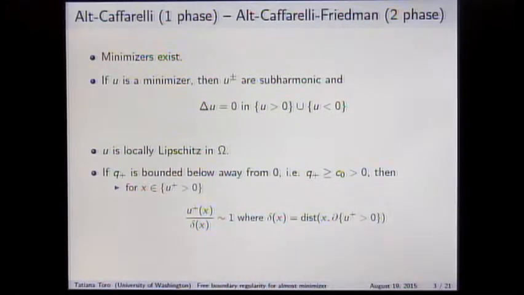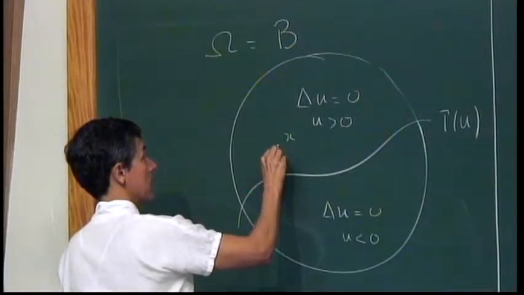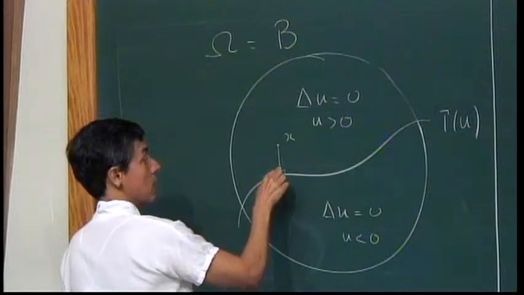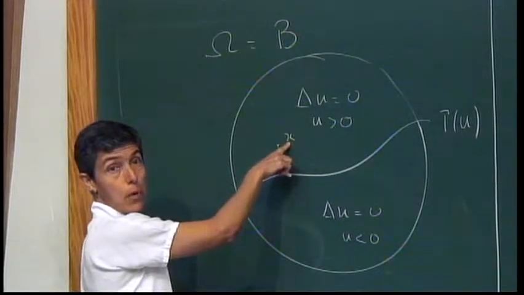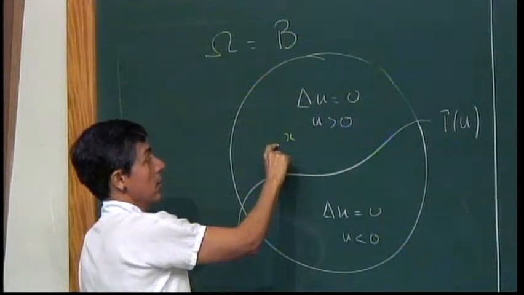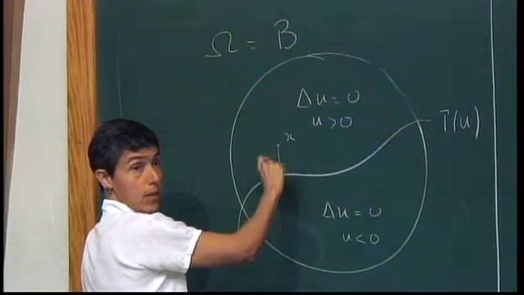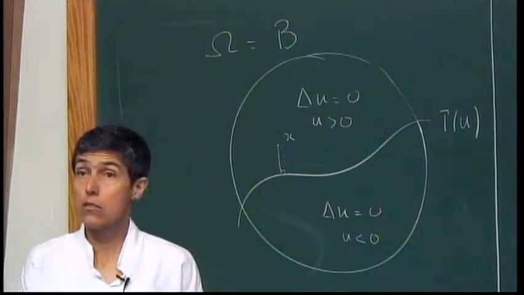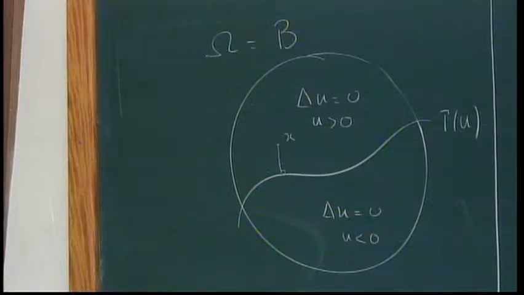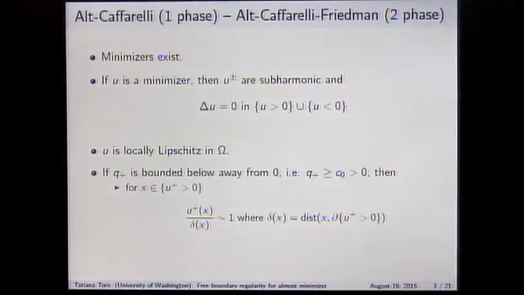So this is telling you that if you take a point here in the positive part, the value at the point is comparable to this distance. Above and below. This is very, very important. This tells you the solutions are non-degenerate. We have heard about non-degeneracy.